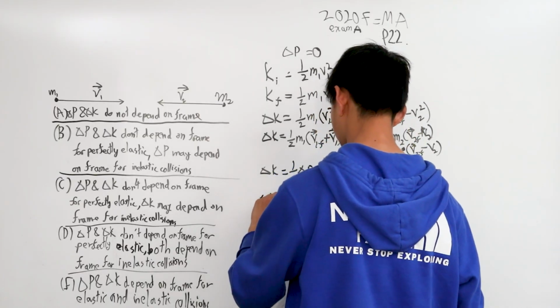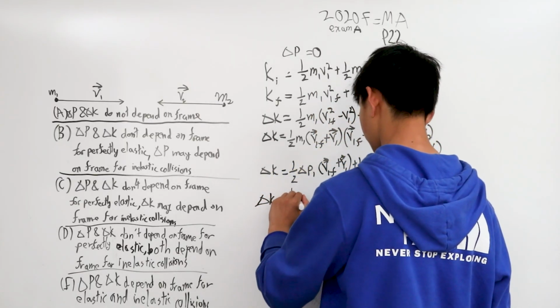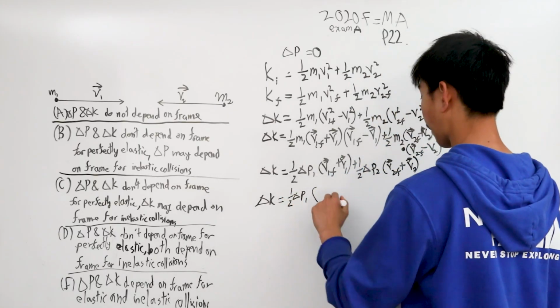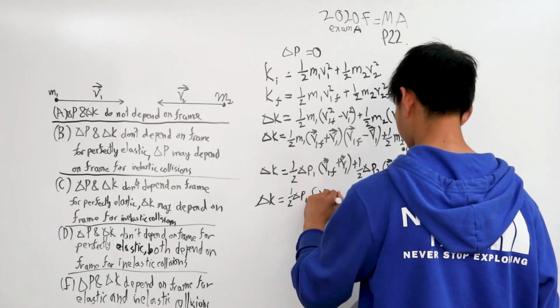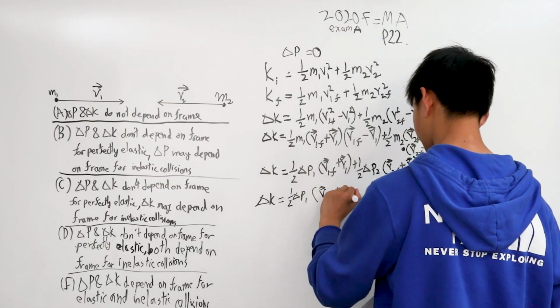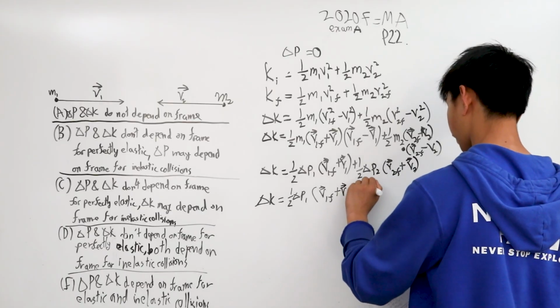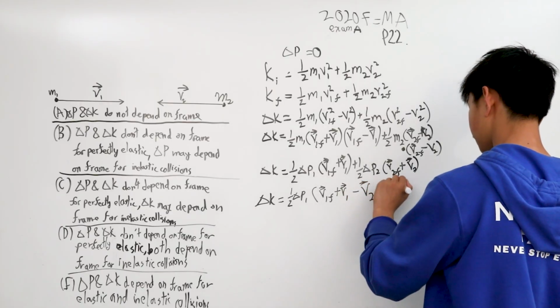So delta K is 1/2 delta P1, the change in momentum, times v1f plus v1 minus v2f minus v2.